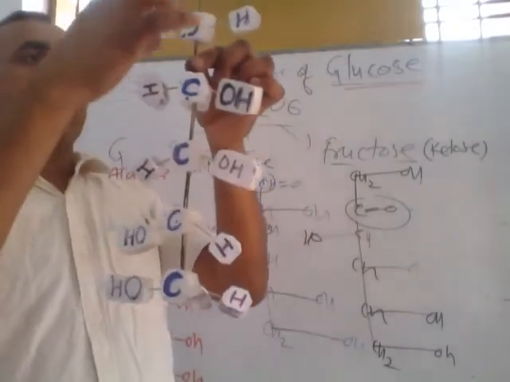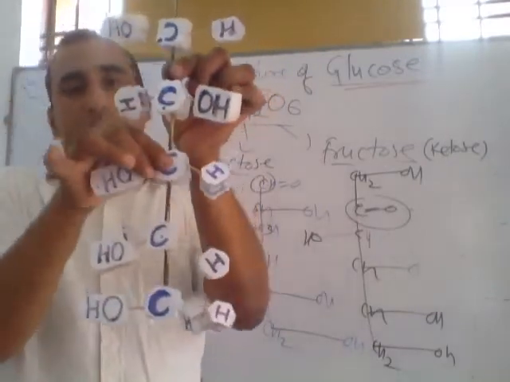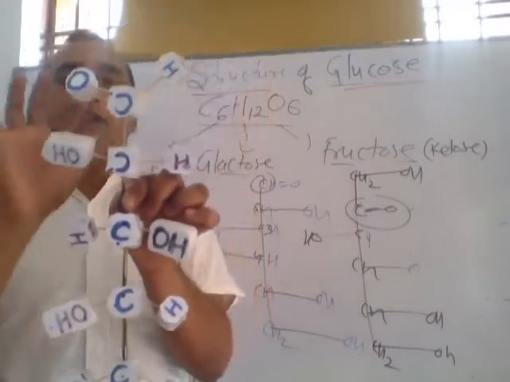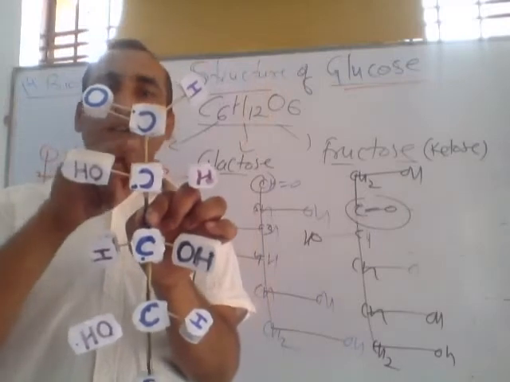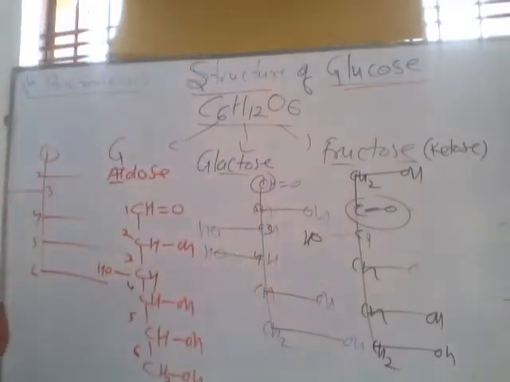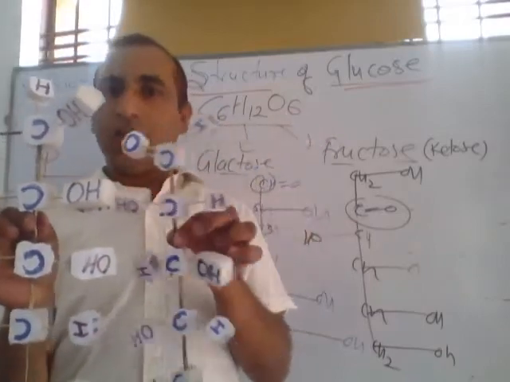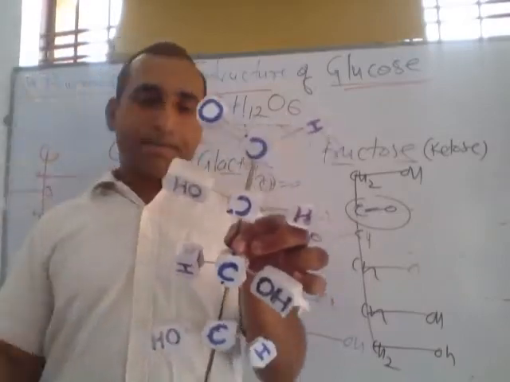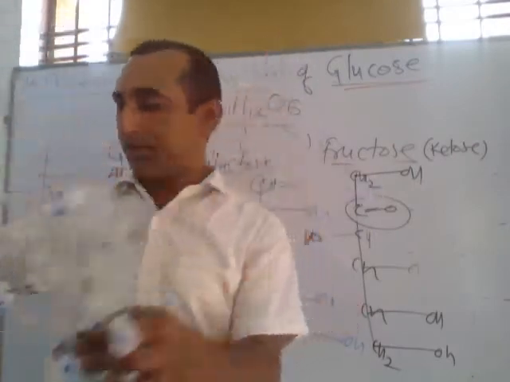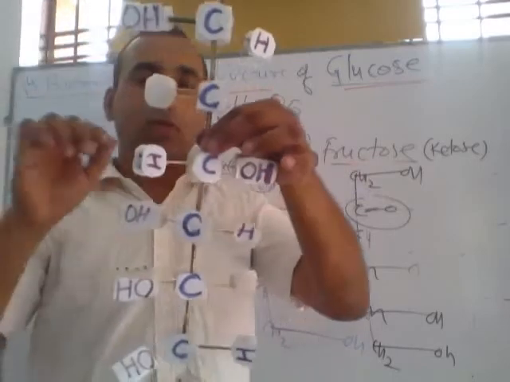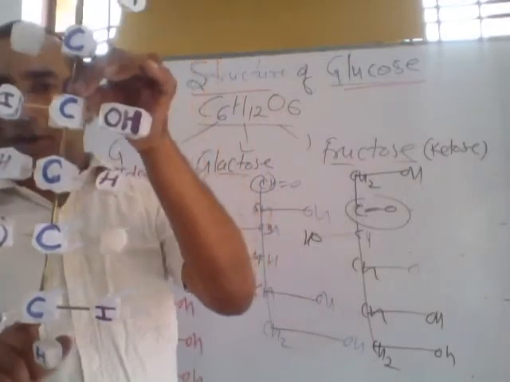If we change the configuration of the fourth carbon, 1, 2, 3, fourth carbon, this is glucose. If we exchange these two, meaning carbon first and second, we exchange these two. So this is 1, 2, 3, 4. Listen, observe, this carbon is present in a tetrahedral form.